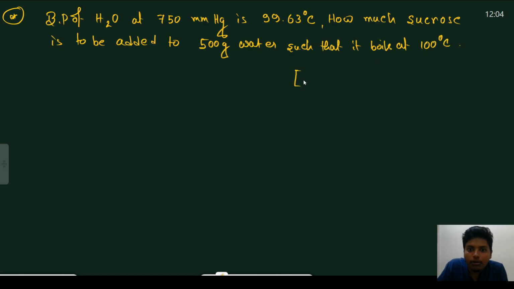Okay. Kb value of water is given: 0.52 Kelvin kg mole inverse. And i value is 1.